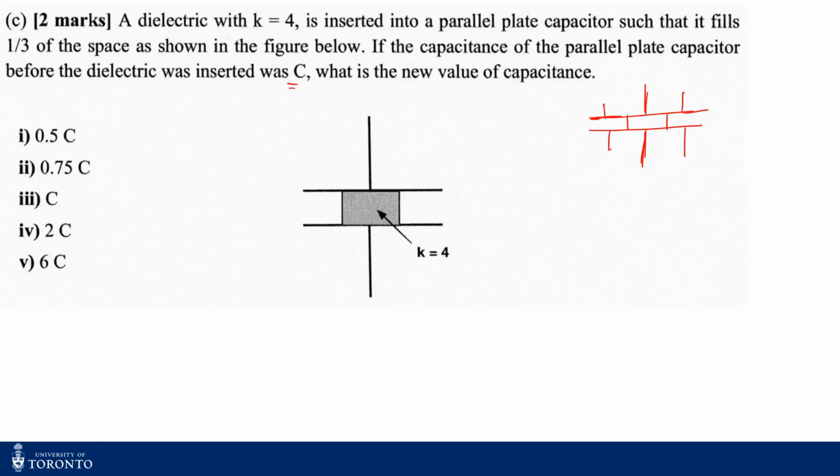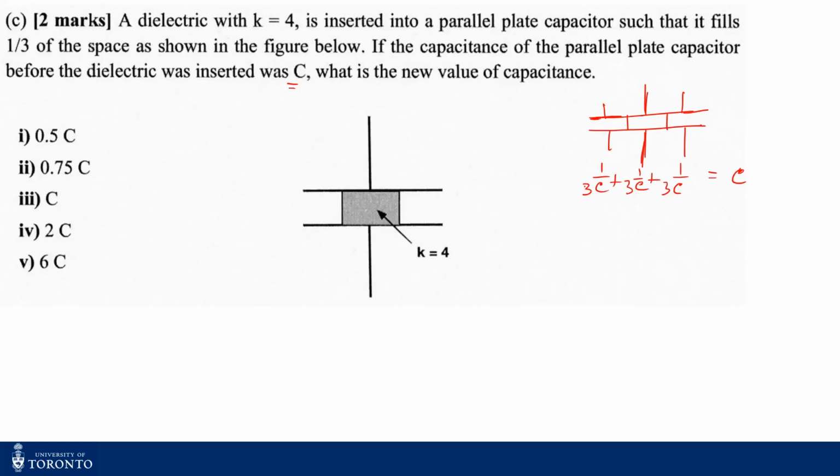Now these capacitors are connected in parallel, right? So therefore, the individual capacitors are basically 1 by 3 C, because the original capacitance has to sum up to give you C. And since they're in parallel, the capacitances will sum up, right?